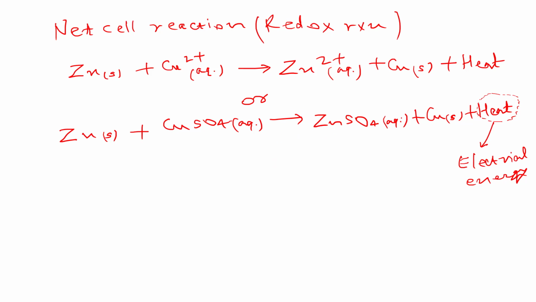Okay, so for a spontaneous reaction, what is the criteria? Work done by the cell, delta G is negative, entropy change is positive, all the criteria are applicable here. So now we can say many things based on this reaction, like if you have a zinc vessel and we want to store copper sulfate solution in the zinc vessel, is it safe to store or not?